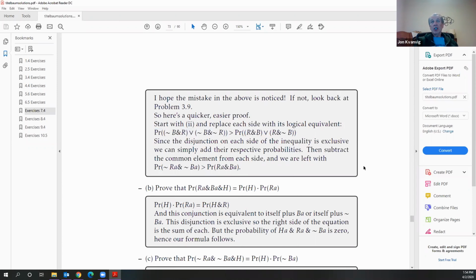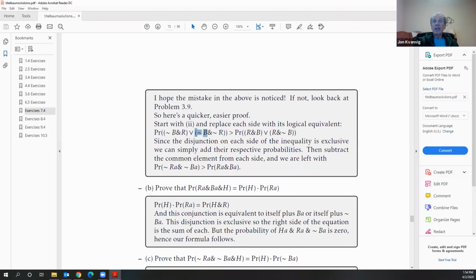Now the disjunction on each side of the inequality is exclusive, so we can simply add their respective probabilities. Then we subtract the common element from each side, and we're left with the probability of not R and B is greater than the probability of R and B. The common element is this, the probability of that conjunction here and this conjunction here.